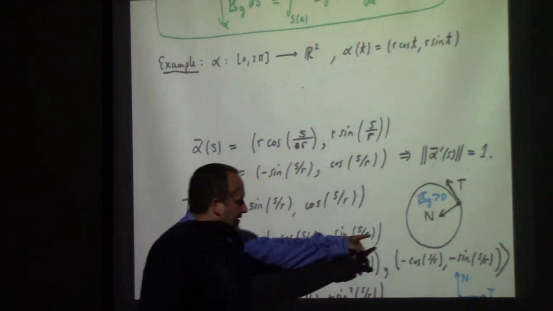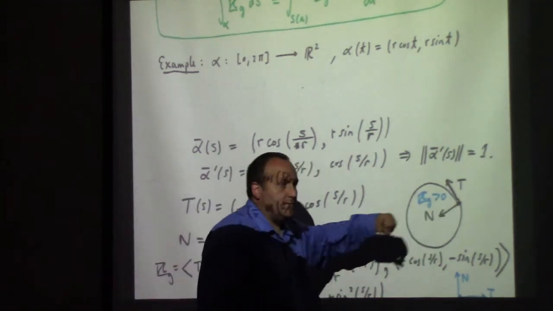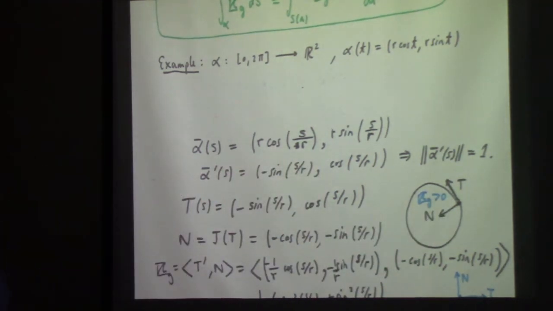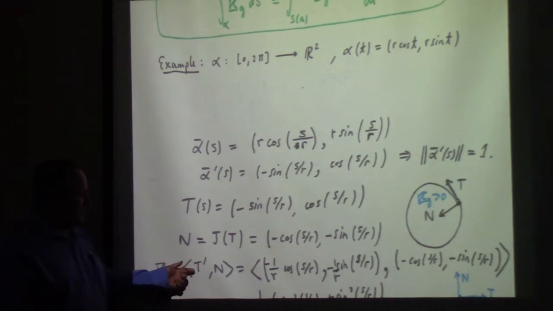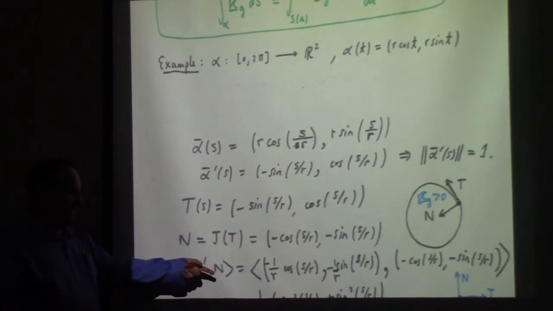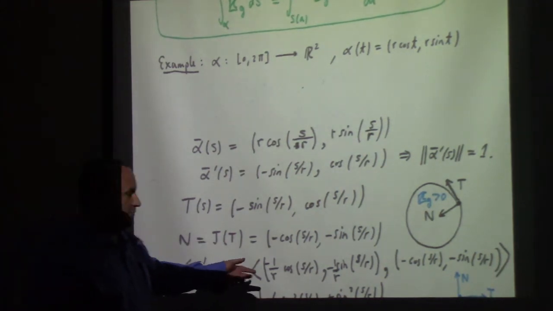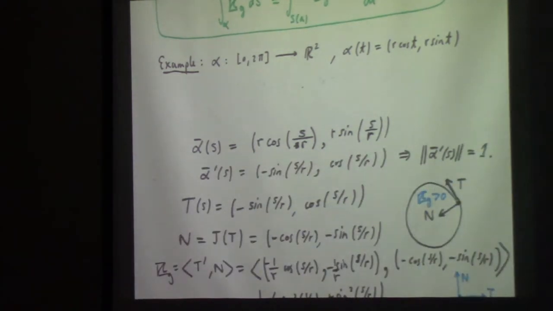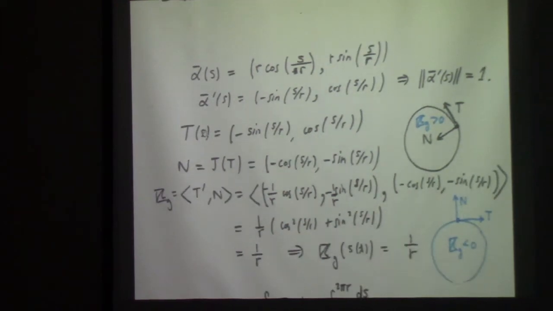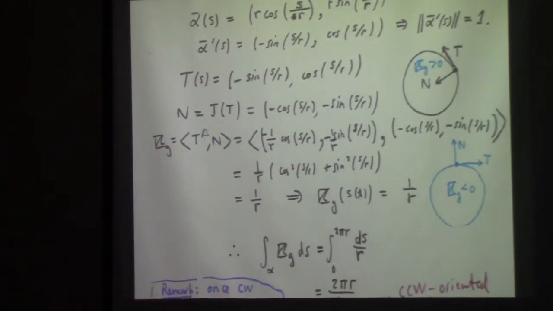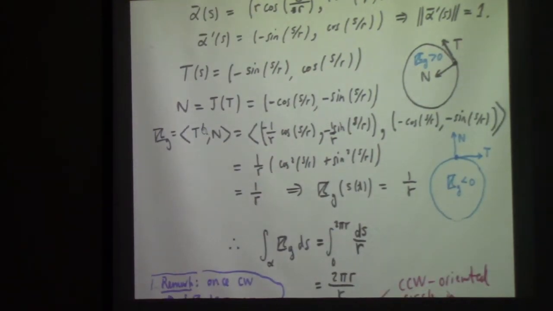You can kind of see it here, right? Why it's minus cosine, minus sine there. And then the geodesic curvature we get from the inner product of t prime and this n, which works out to 1 over r, I believe. So in this case, for a circle, the geodesic curvature is 1 over r.